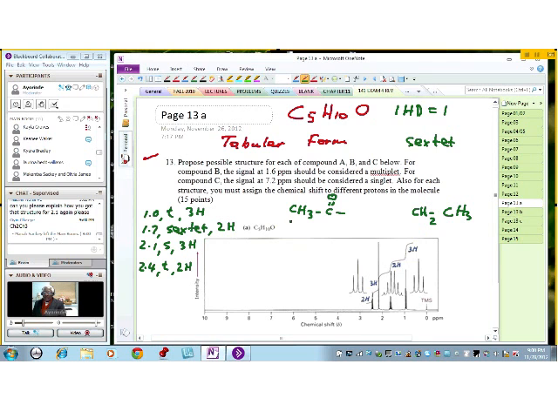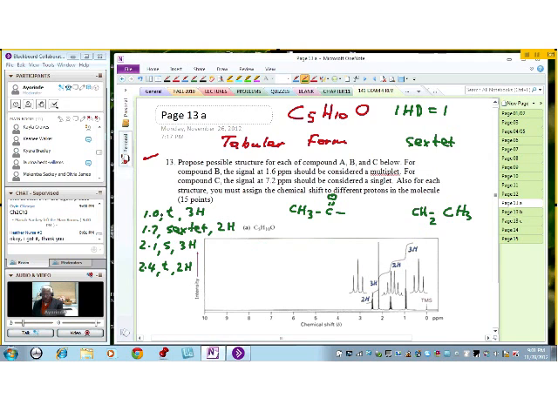What could be 2.1 and 3 hydrogen could either be a methyl that is attached to a carbonyl or a methyl that is attached to a carbon-carbon double bond. And since we have oxygen in this molecule, I am simply taking an educated guess at this point that this is a carbon-oxygen double bond that is attached to a methyl. So that is why I assigned this 2.1 to this one here.